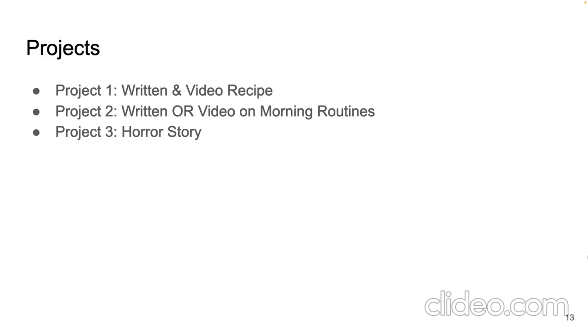For their second project, they had a choice to write a blog giving advice on morning routines and discussing their own morning routine, or create a video very much like an influencer: this is my morning routine, join me to see what it's like. And then finally, for the third project, they wrote a horror story. For each of these, they were given real-life examples of these genres, analyzed them, and then were guided in creating their own.